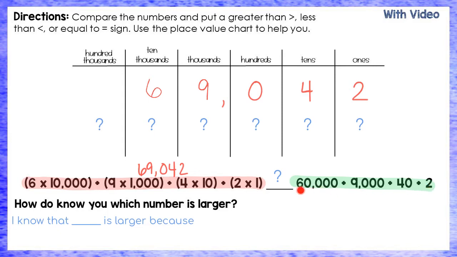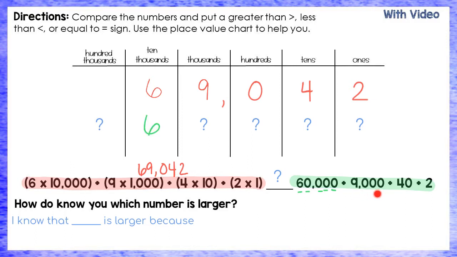Now we're going to do the expanded form. So we have 60,000. What does that tell us? Well, in standard form, we can write this number by putting a 6 in the 10,000s place because we have ones, tens, hundreds, thousands, 10,000s. So a 6 goes in the 10,000s.